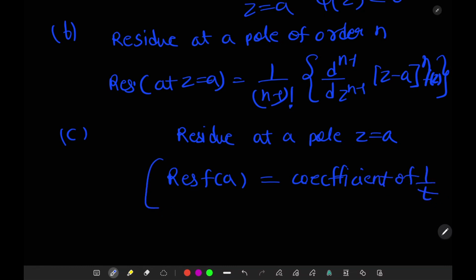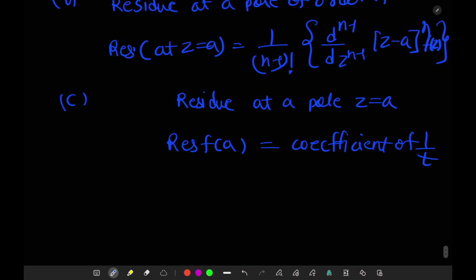For using this method, we expand the given function, just like z cos(1 by z), we expand this term and multiply by z, and the coefficient of 1 by z is the residue.